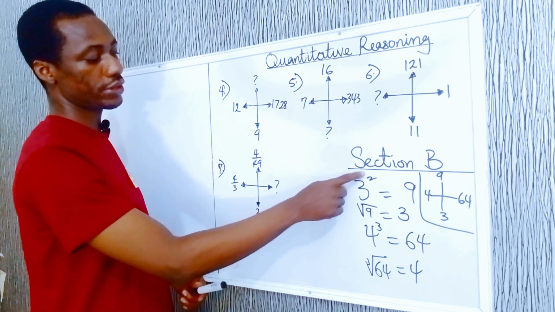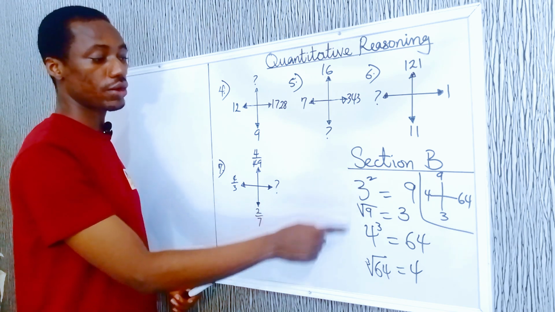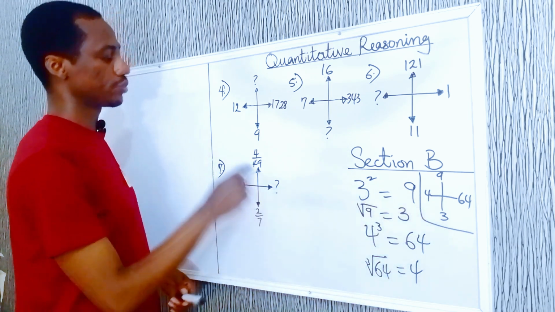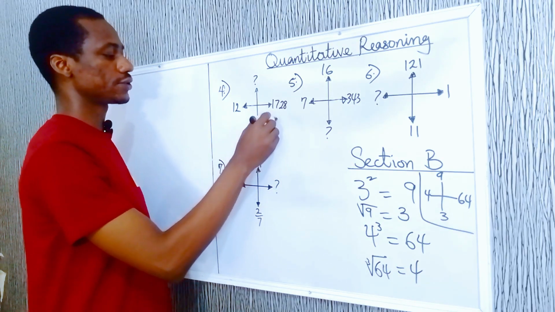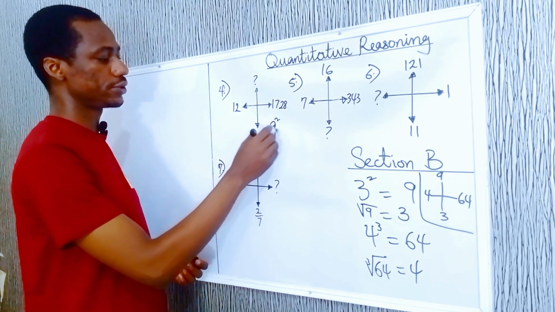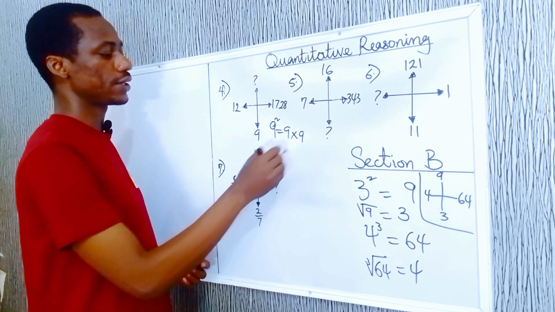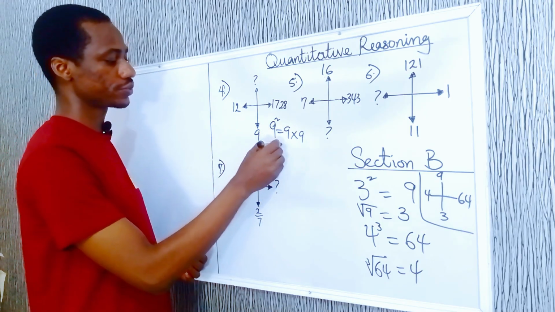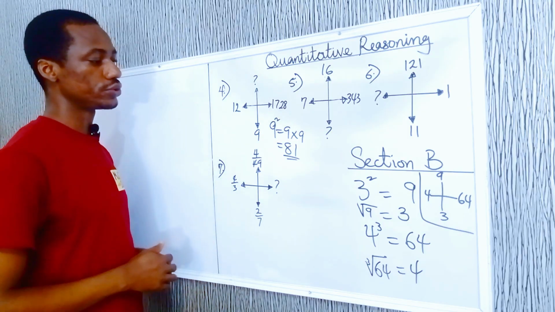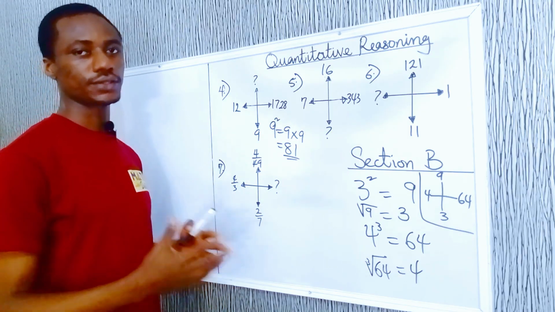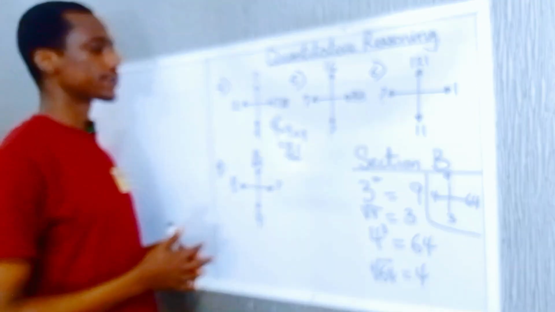We took the square of 3 and we got 9. So that means we are taking the square of 9, and that's 9 squared. 9 squared simply means you multiply 9 by itself, and 9 times 9 is what? 81, right? So 9 squared is 81. You should already know that as part of your number facts.